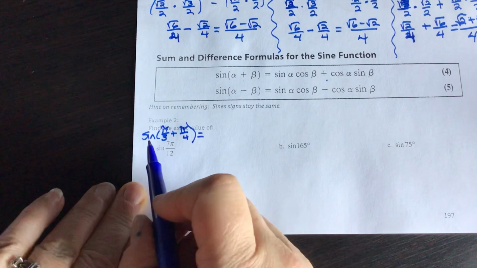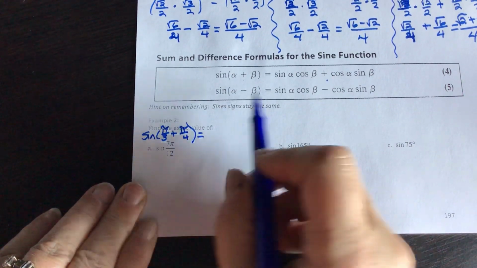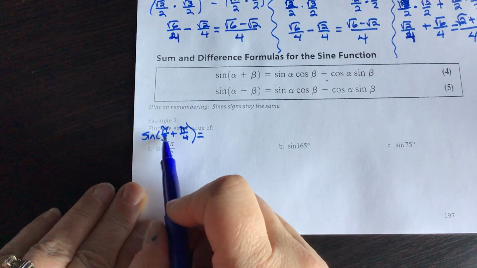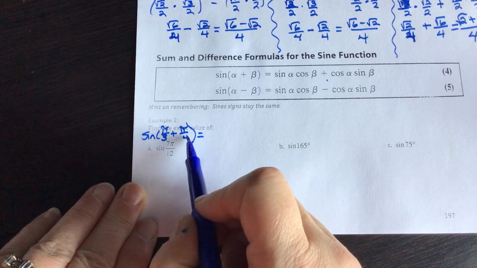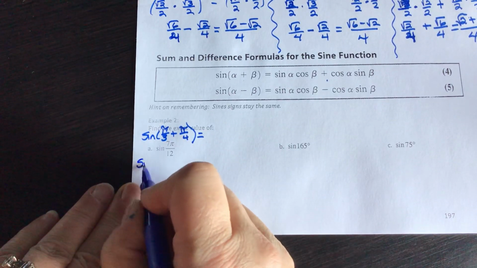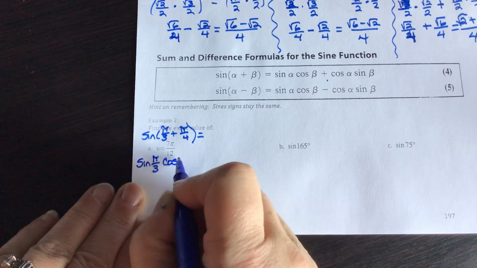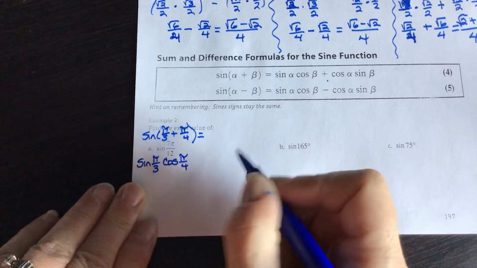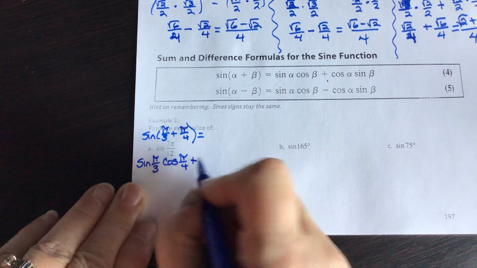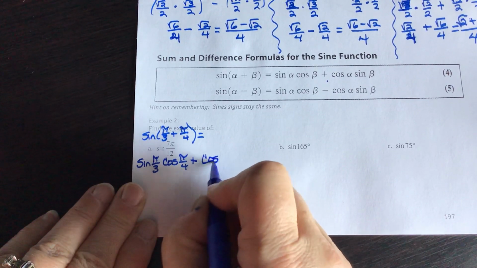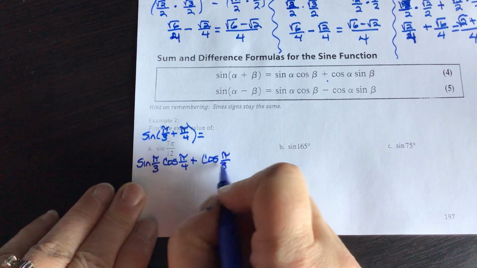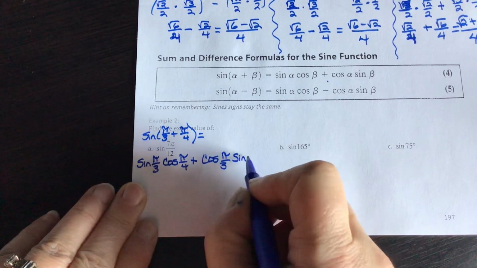Here I'm going to do sine of the first one and cosine of the second. So I have sine pi over 3, cosine pi over 4, and then I'm going to keep the sine. Then I'm going to have cosine pi over 3 and sine pi over 4.